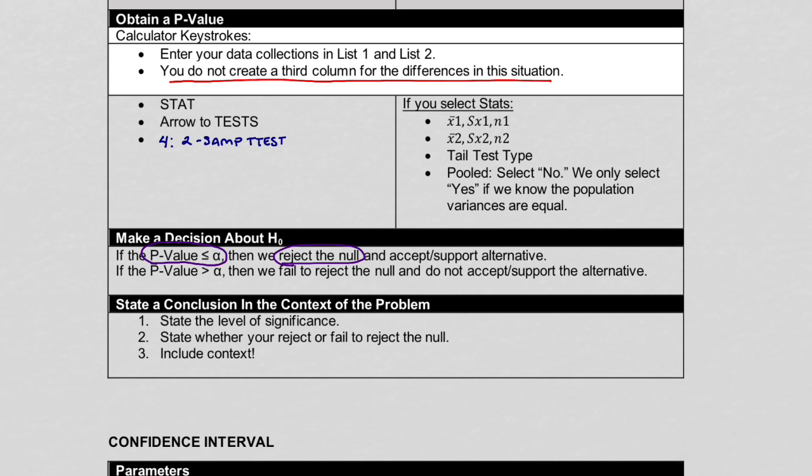And then if your p-value is greater than alpha, then we fail to reject the null, and we do not have enough evidence in order to support the alternative. Just as a quick reminder, remember that we never say we accept the null. We're basically just saying, I couldn't find anything better, so I'm kind of stuck with this belief system right now. But rest assured, if I find evidence that allows me to dump it, I'm dumping it.